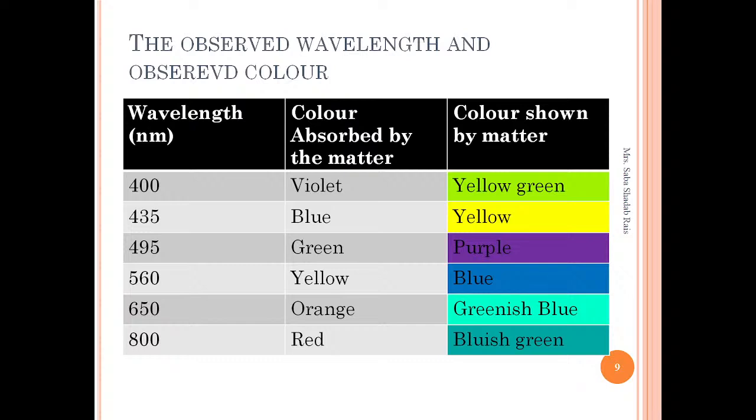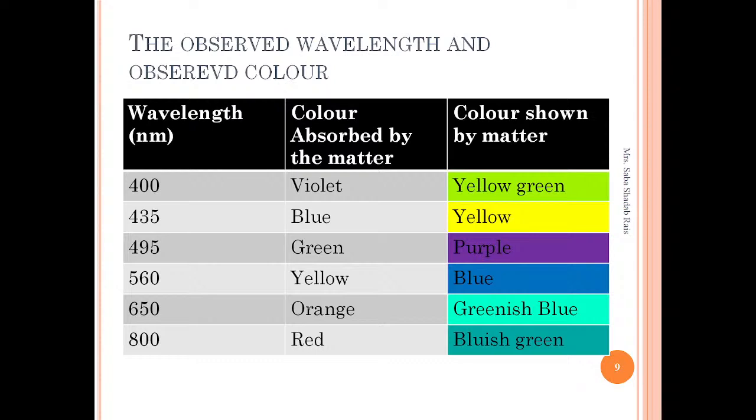So here, for example, if you have a yellow-green solution, students, I suggest you take a screenshot of this particular slide. This is important.